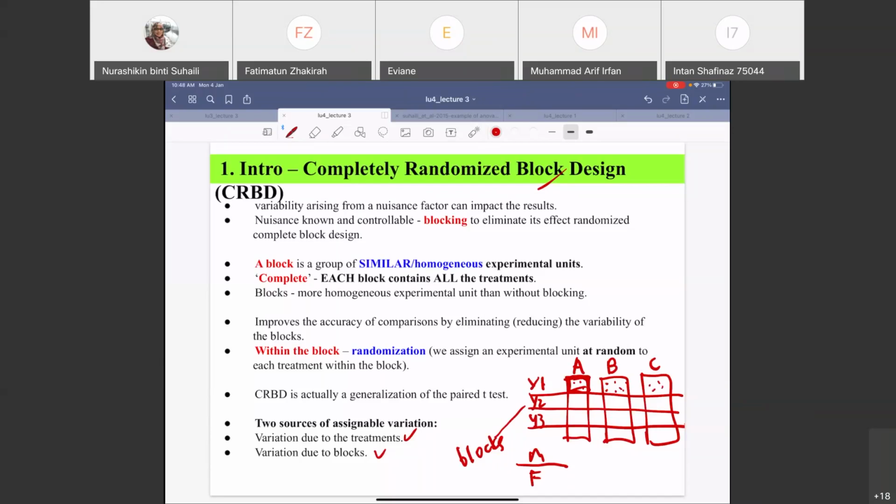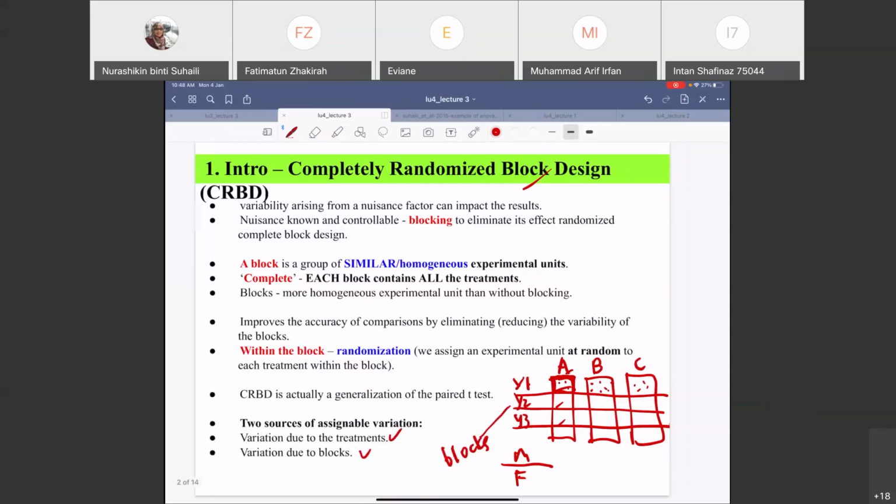Let's say you are talking about faculty program A; due to the blocks, you can see from year 1, year 2, year 3, within A, how much the variation is. You can also see the variation between the whole thing here, A, B and C. So that's the variation that can occur, and that's called assignable variation.